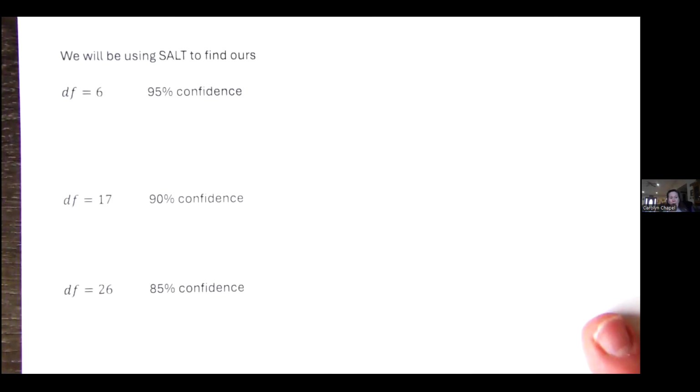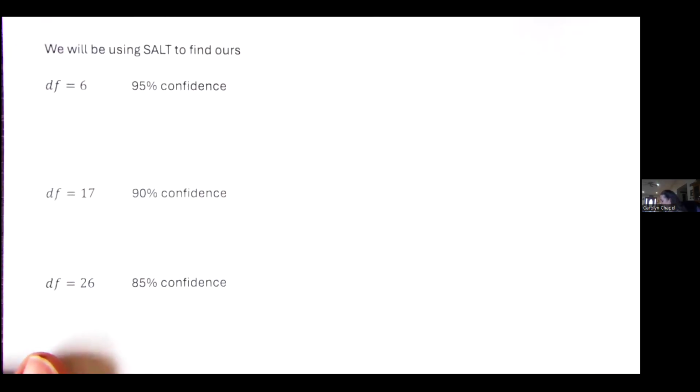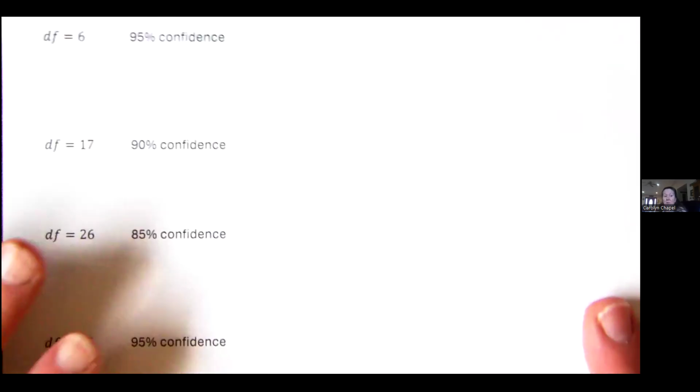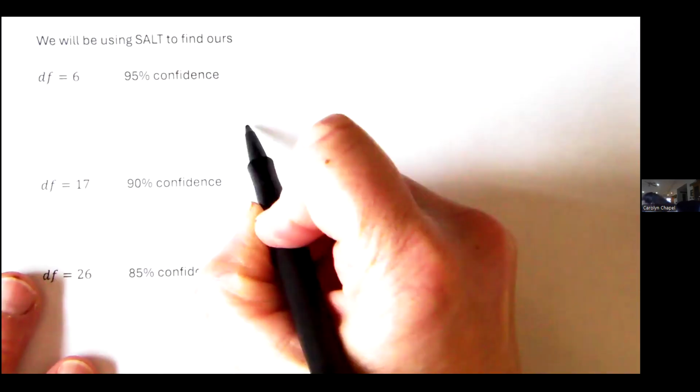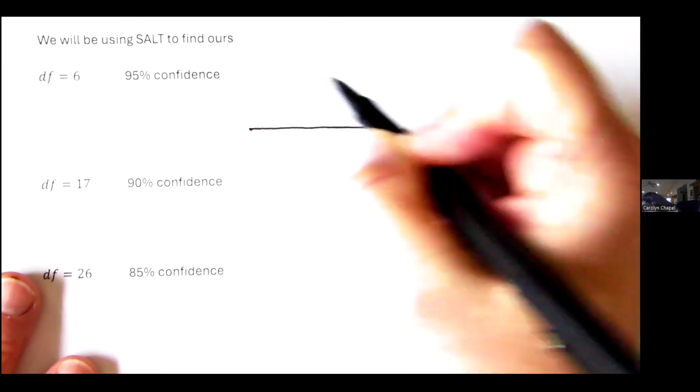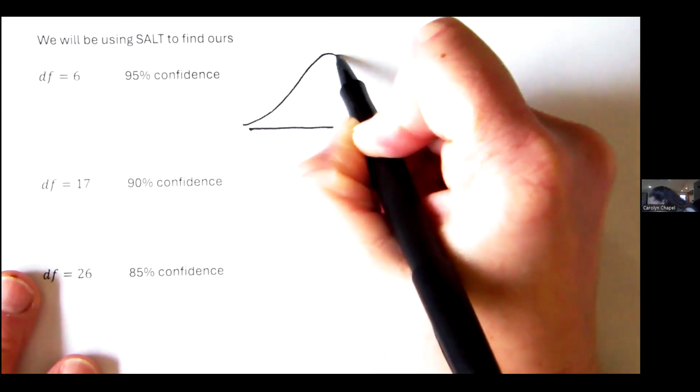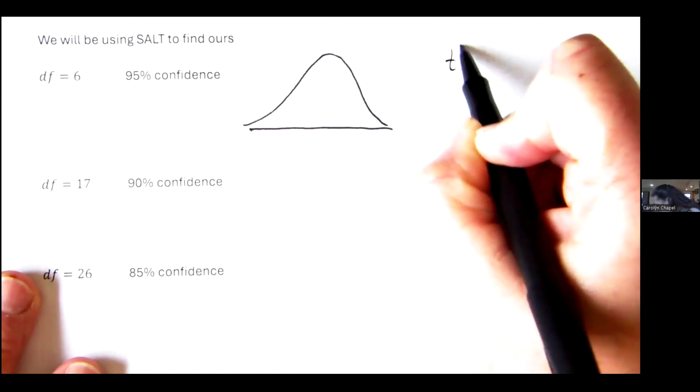So we're going to jump right in and use SALT again to find ours, and I am going to draw our picture for how to do that. We're looking for t star this time.